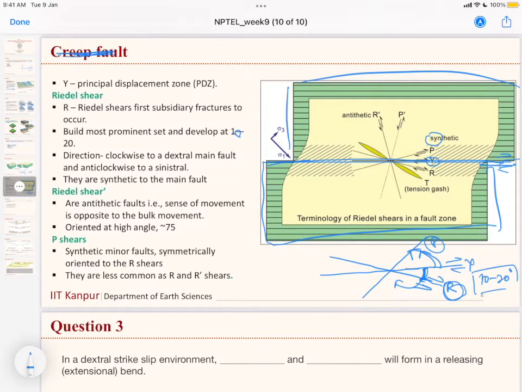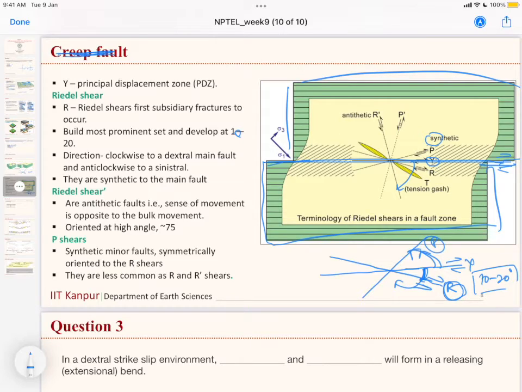That you can also see from this figure, if we try to measure the direction this way, because this way it would be the closest to the main displacement zone.